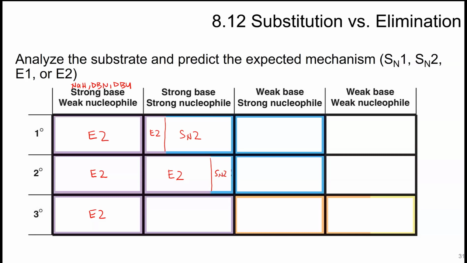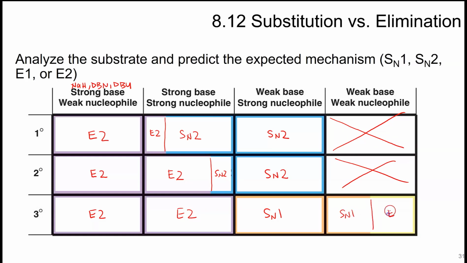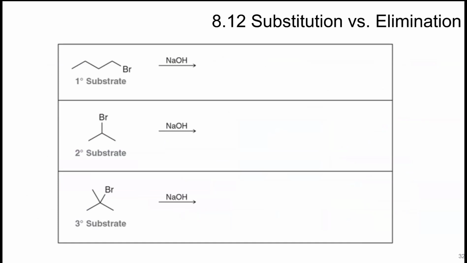If it is tertiary, you have a strong base, that's just going to be E2. If you have a weak base and a strong nucleophile, the nucleophile will do the substitution with primary or secondary. With a tertiary, that will be SN1. And then a weak base, weak nucleophile for primary and secondary, nothing's going to happen here. And with this one, we get SN1 and E1.